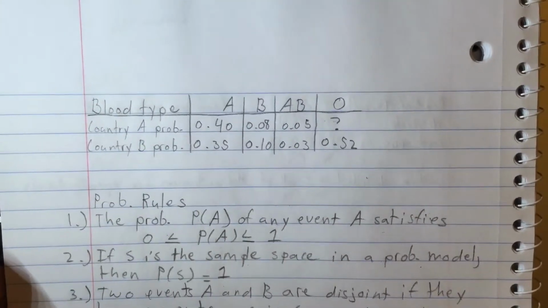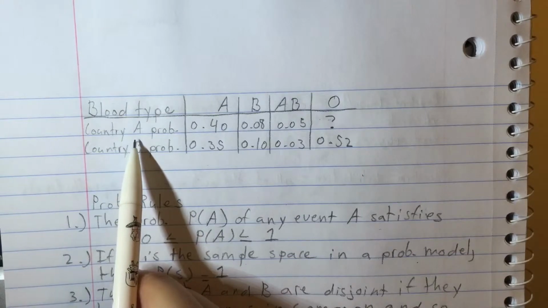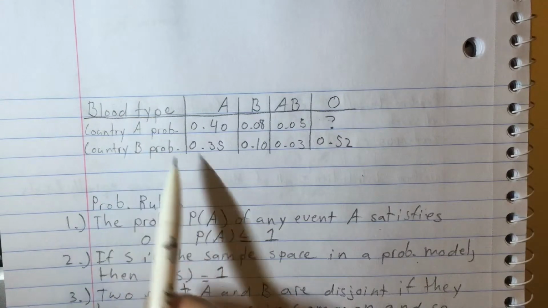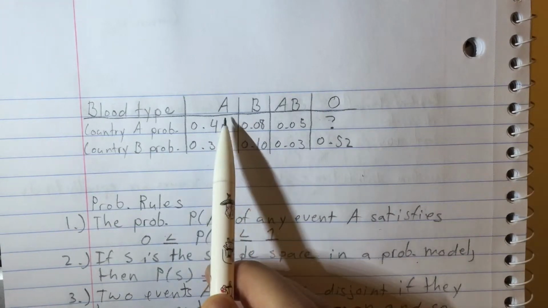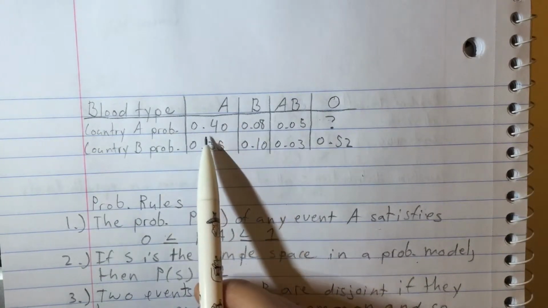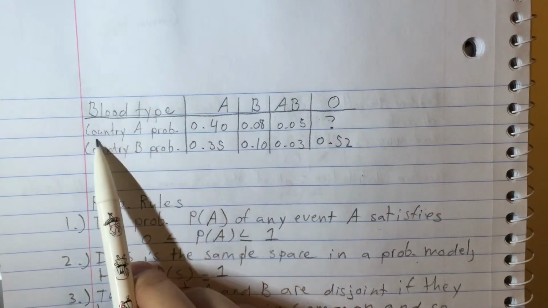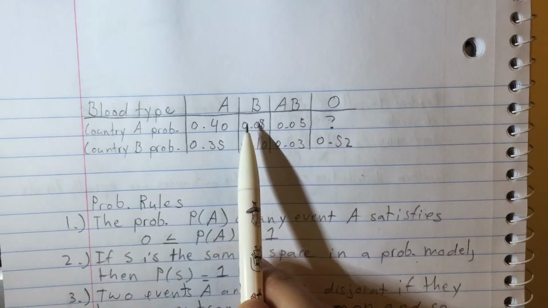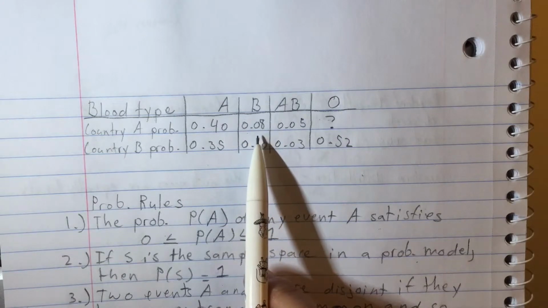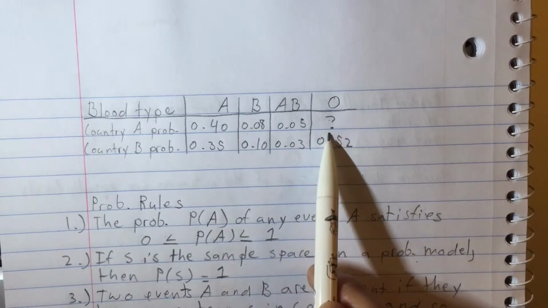Looking back at our chart, we know that in country A, the probability of blood type A is 0.40, the probability of blood type B is 0.08, then for AB, 0.05, and then O we have to figure out.